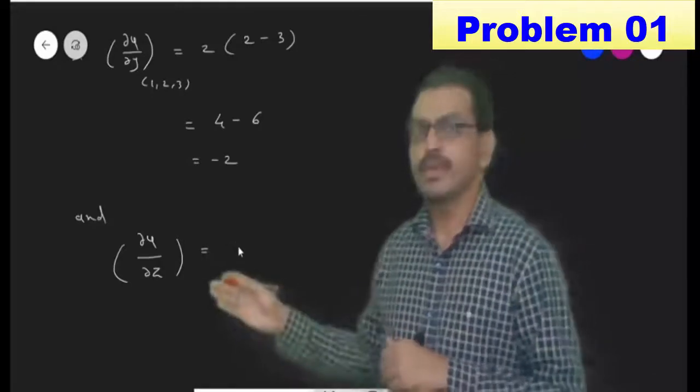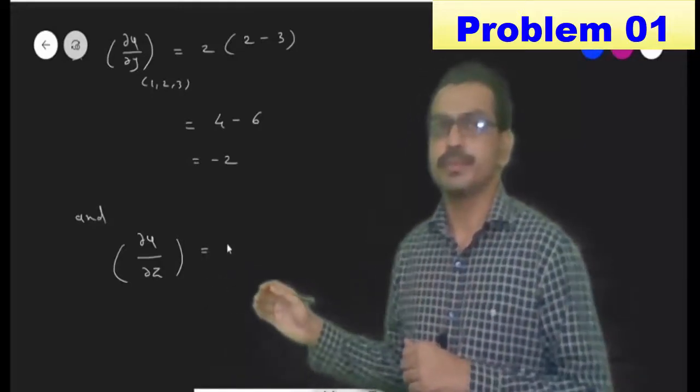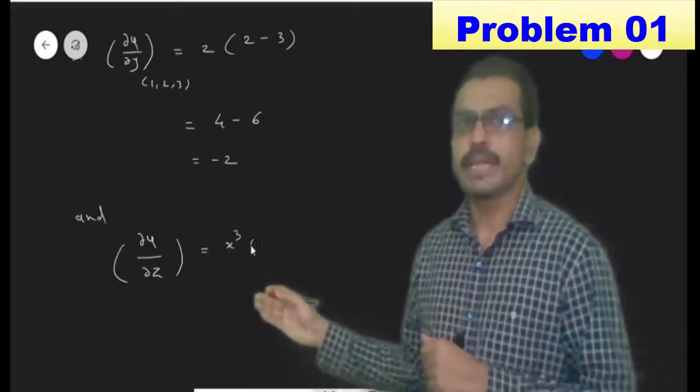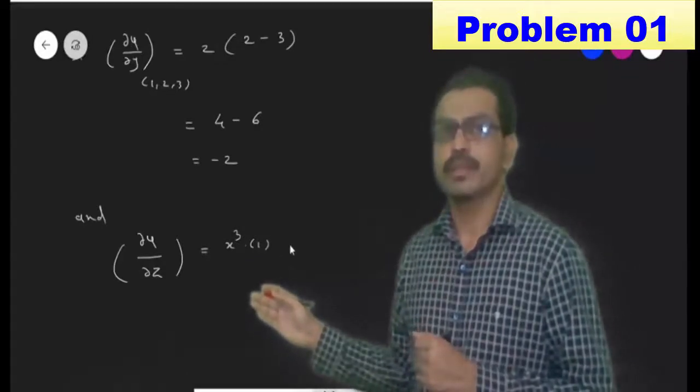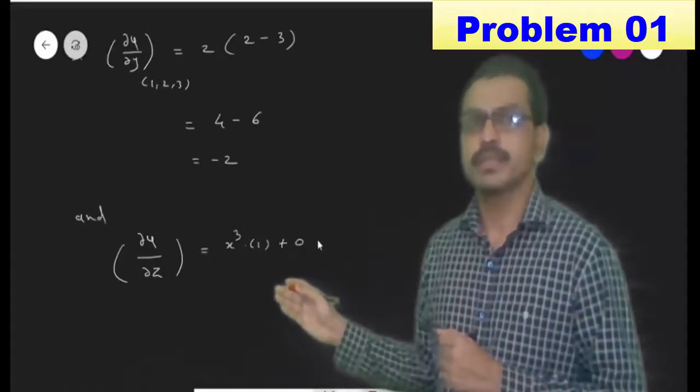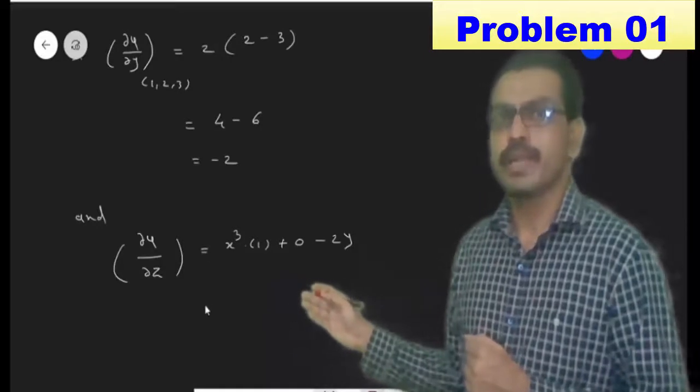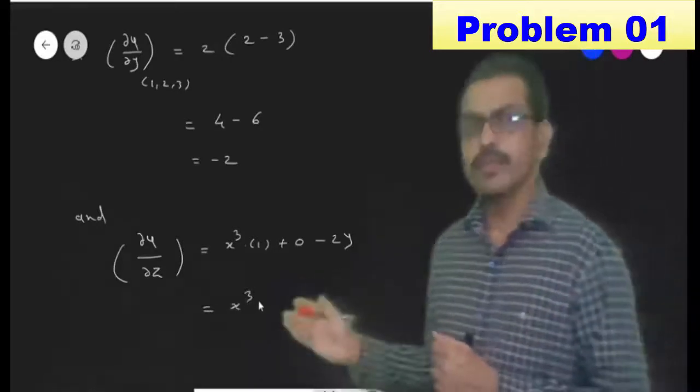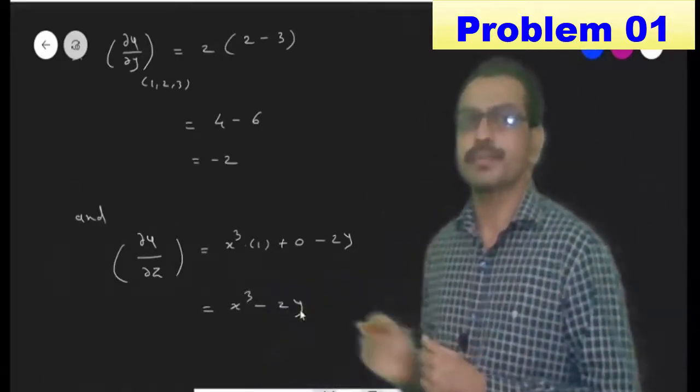Therefore, ∂u/∂z is equal to x³ into (1 + 0) − 2y, which is x³ − 2y.